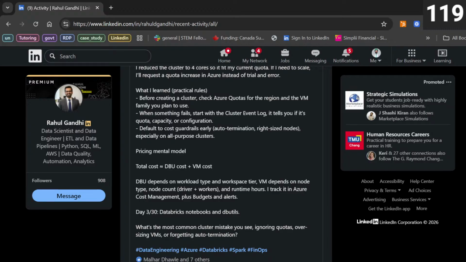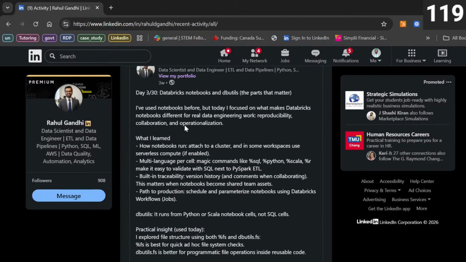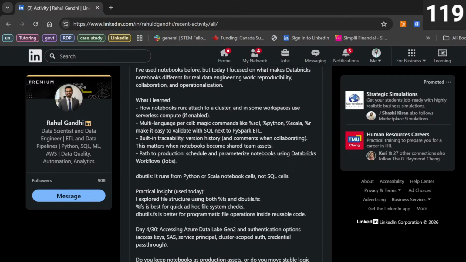And on day three, he's going to talk about notebooks and utilities. Let's look at his day three. Notebooks and Databricks utilities. He used notebooks before. Notebooks run on the attached cluster, and some workspaces use serverless compute. There's multi-language per cell, and magic commands like SQL, Python, Scala make it easy to validate with SQL next to PySpark.